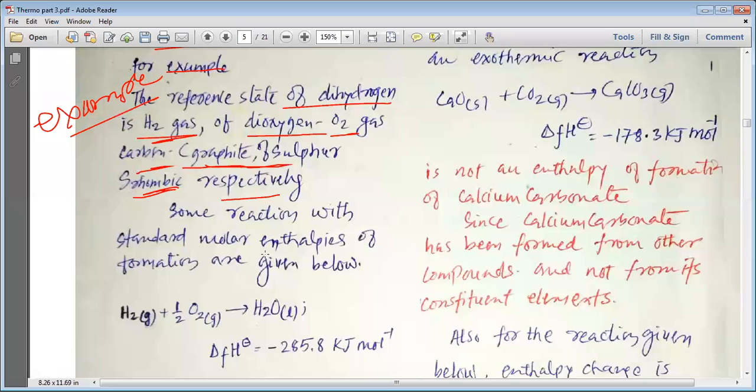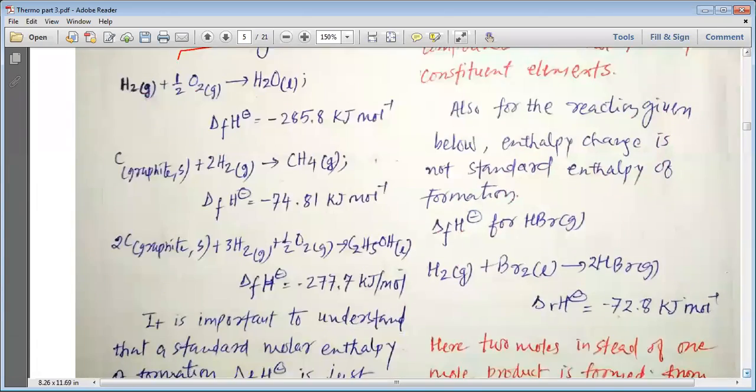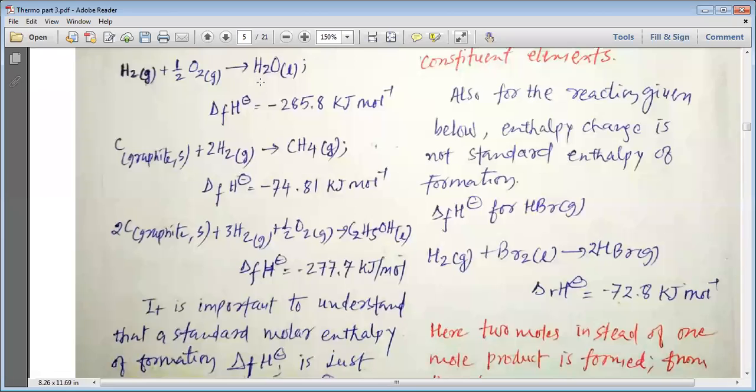Some reactions with the standard molar enthalpy of formation are given below. You can see here that in this particular reaction, water is made from hydrogen gas and oxygen gas. When liquid water is made from gaseous hydrogen and gaseous oxygen, this is the thermodynamic change.